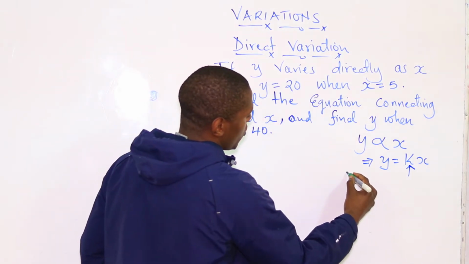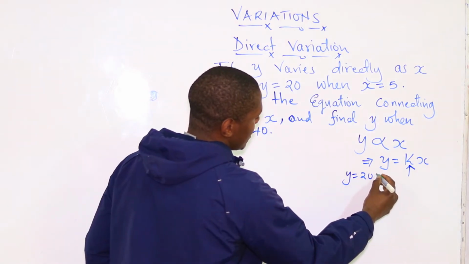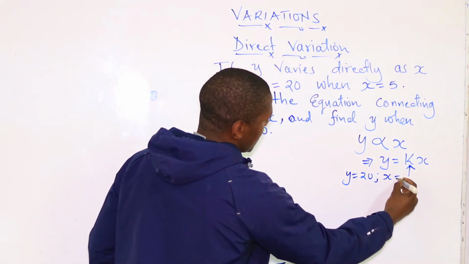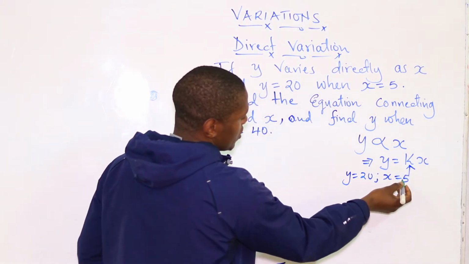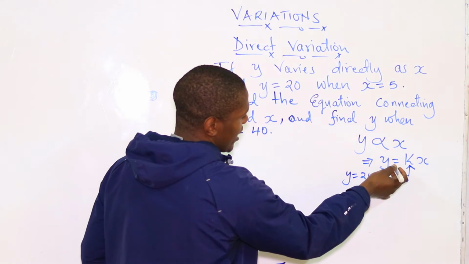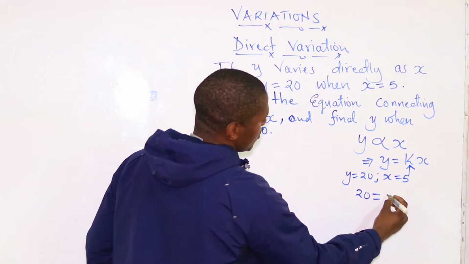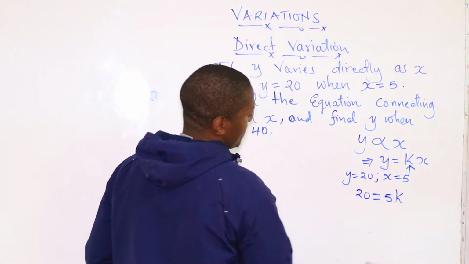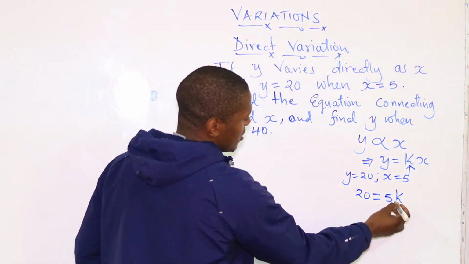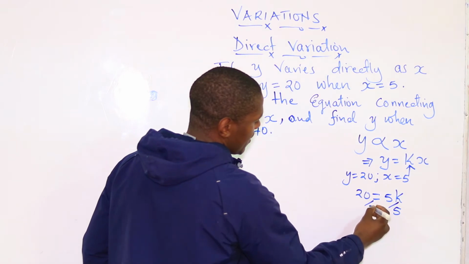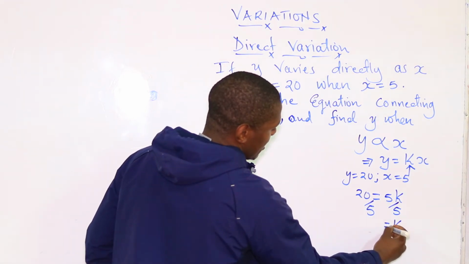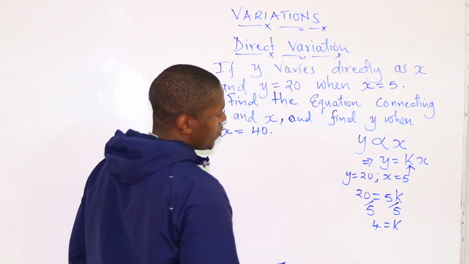When Y is equal to 20, X is equal to 5. So substituting these values in this equation, you'll have 20 is equal to 5K, since X is 5. So if I divide through by 5, I'll have K is equal to 4.